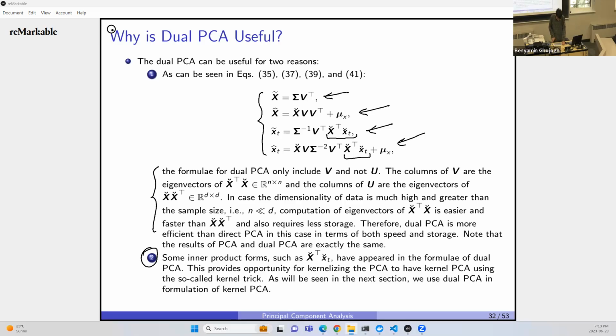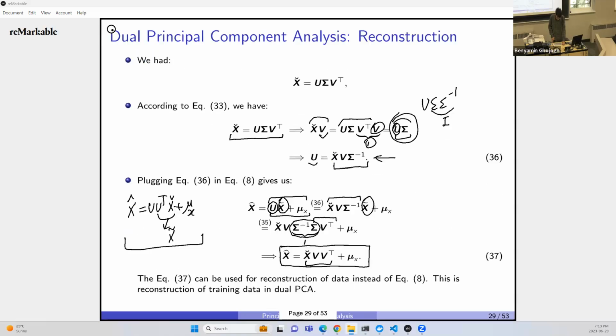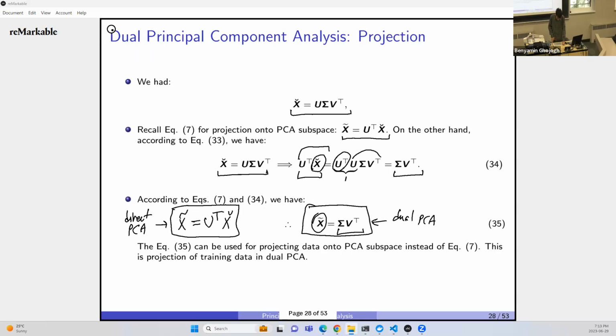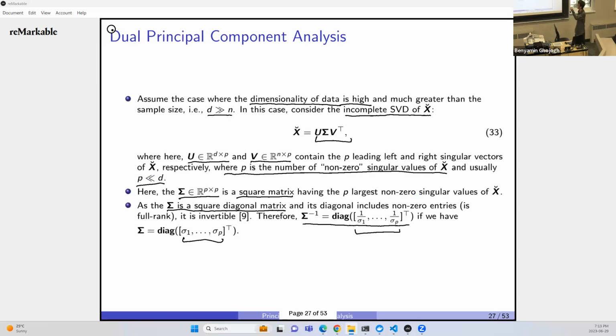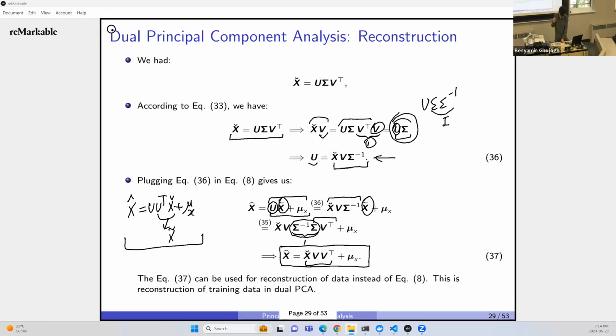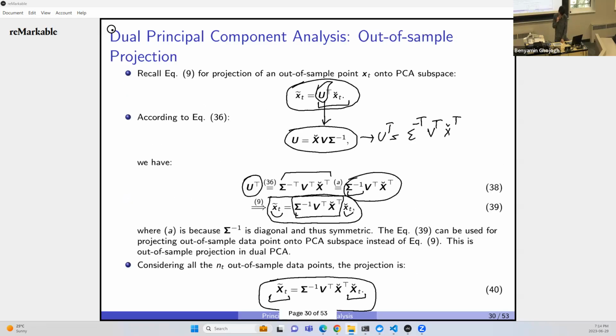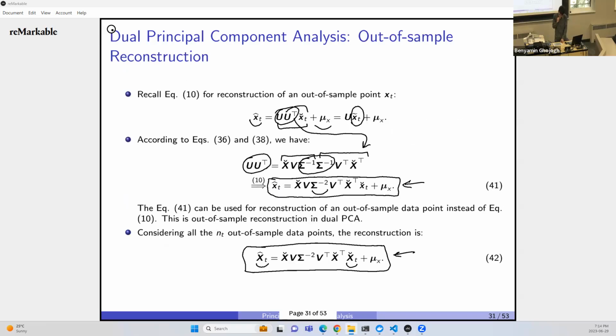Let's go back to where we started in dual PCA. We started with this, right? Do you remember? Equation 33. Let's have the singular value decomposition of X hat, which is the centered X. Then, let me go to the formulas again.